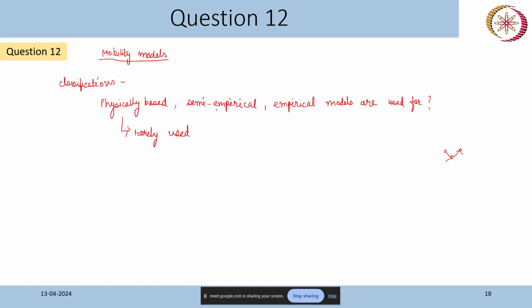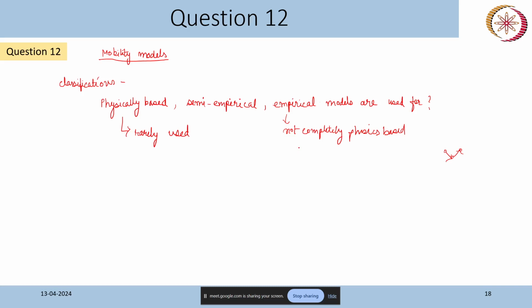Now the semi empirical model is often used. So there is some kind of power law dependency, and empirical models are used when it is not completely physics based. These are mainly based on the observations, and are valid only for a specific region.